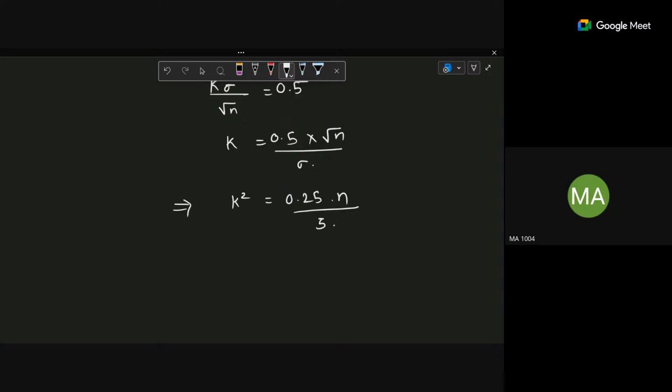Is it fine? So if it is 0.25 n by 3, then is there any option related to that? What will it be? 0.25 upon 3?